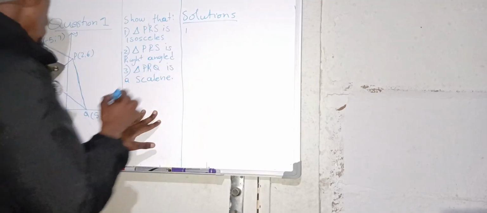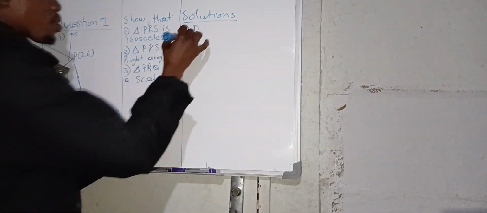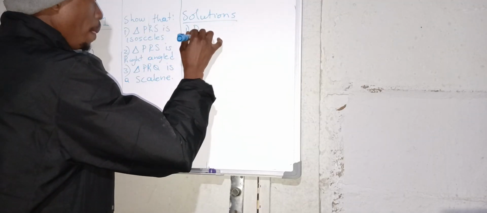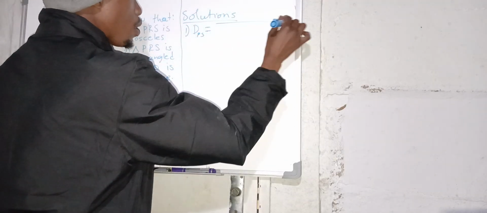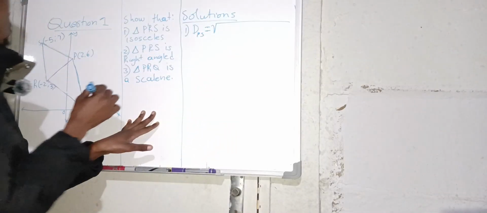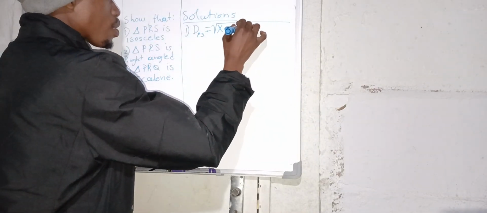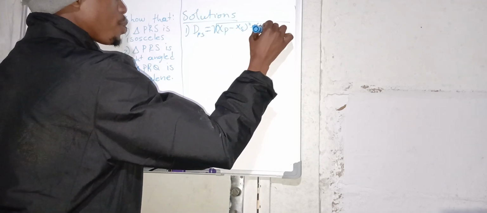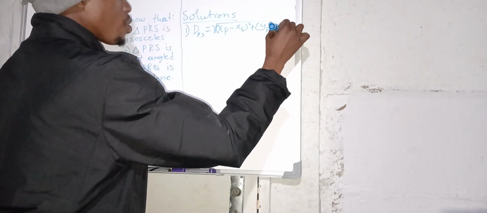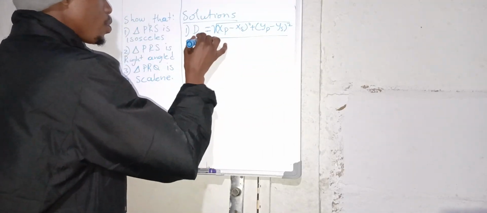For the first one, distance PS, not the chocolate. PS is equal to the square root of xp minus xs, all squared, plus yp minus ys, all squared.